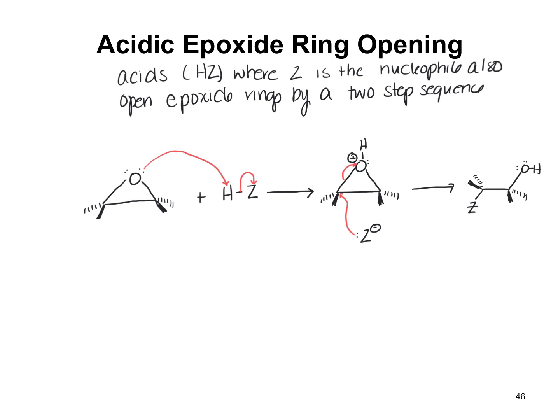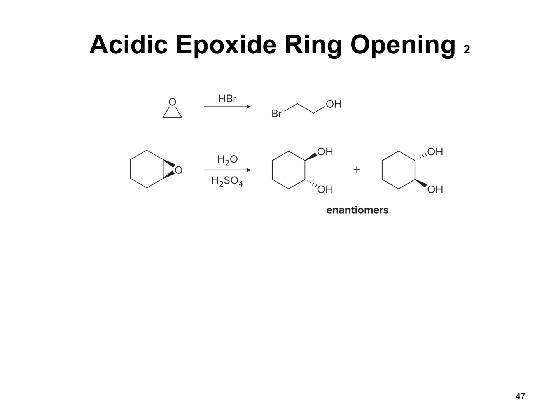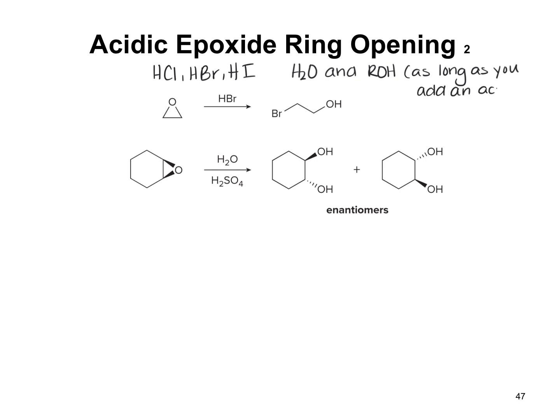Now, what type of acids tend to open these rings? Well, when we look at this, what we'll find is that acids like HCl, HBr, HI, as well as H2O and ROH, as long as you add an acid.